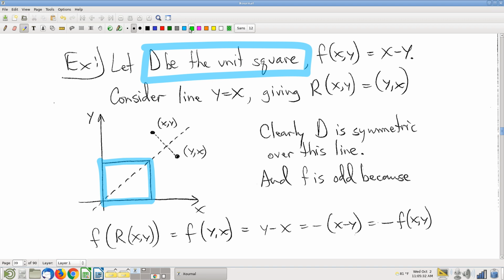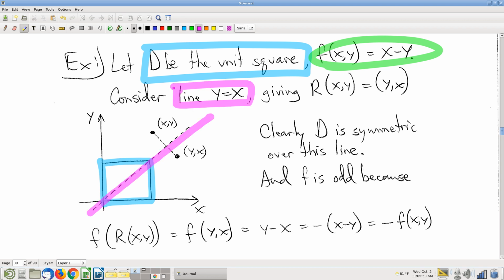Okay. I have this function here, f of x, y equals x minus y, and we're going to try to compute the double integral of that function over that domain. That function does not have a lot of symmetries, but it does have one. That function is odd over that line y equals x. And the way I'm going to argue that is to observe the formula for the reflection.